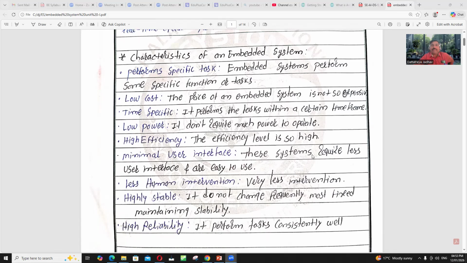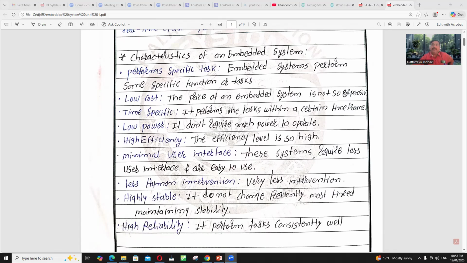Taking one example, suppose we want to concentrate on an automatic lock of a door or of a vehicle. The main specification concentrates on the locking parameter in real time. When the switch is pushed, the system should be off, and when the switch is pushed again, the system should be on. So it is a performance specific task.